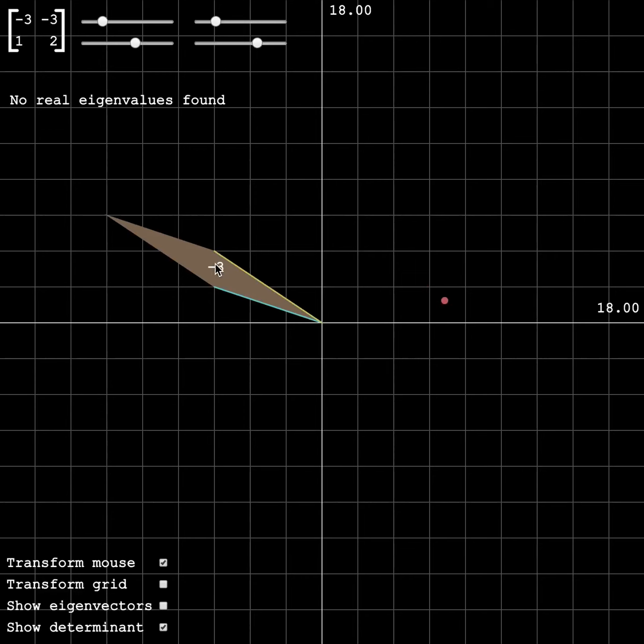And you can see with some of these larger values in here we're saying take the first basis vector, 1, 0, and put it at -3, 1, and take the second basis vector, 0, 1, and put it at -3, 2. And then we're getting this determinant right here.